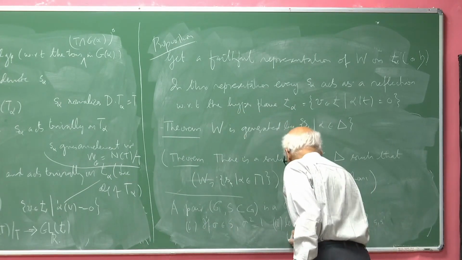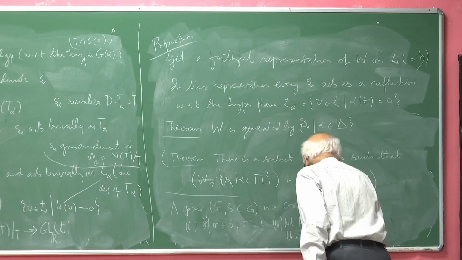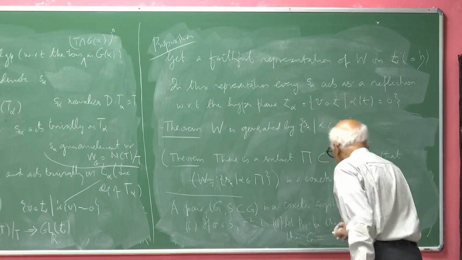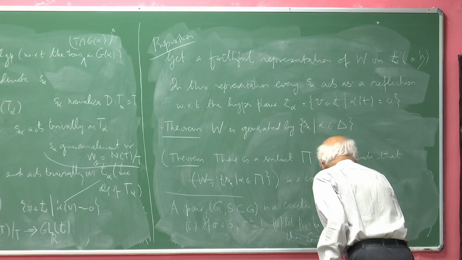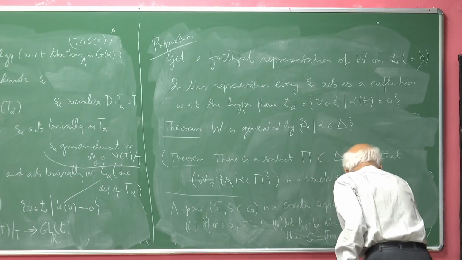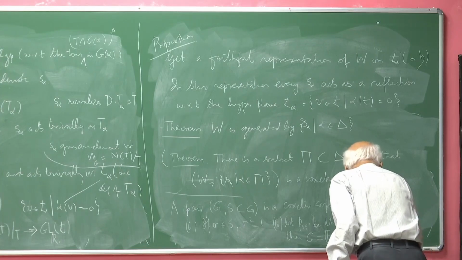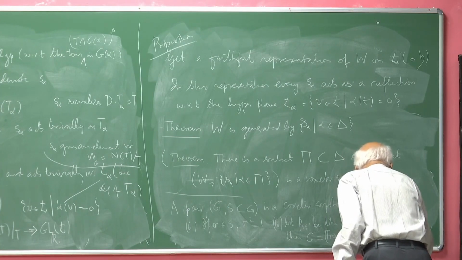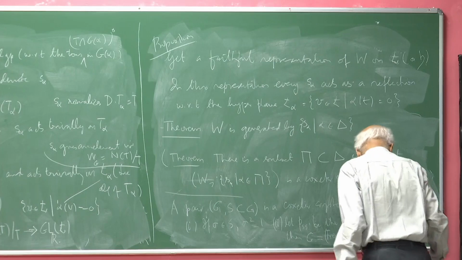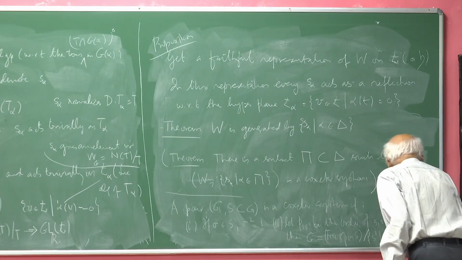Then G equals the free group on S modulo the system of relations, the normal subgroup generated by S square for S in S, and (S S') to the power P(S, S').